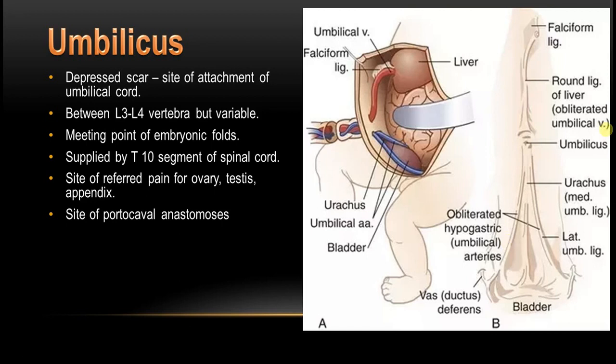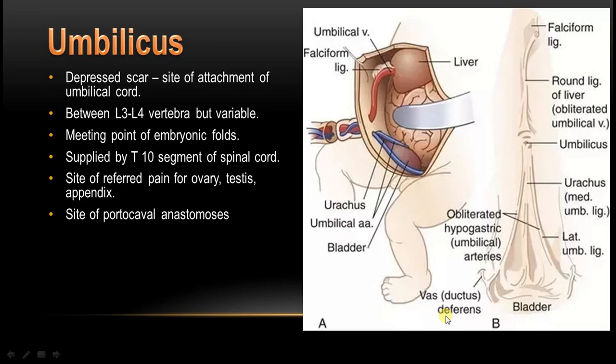Now the skin over the umbilicus is innervated by the T10 segment of the spinal cord. From this T10 segment, the sympathetics innervate the testis in males and the ovary in females.